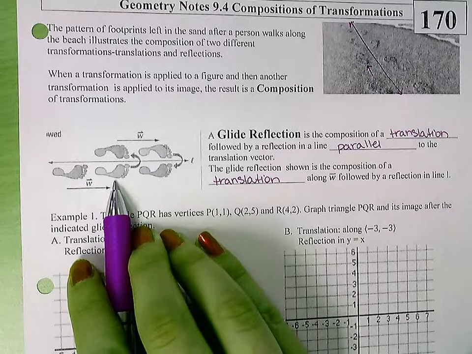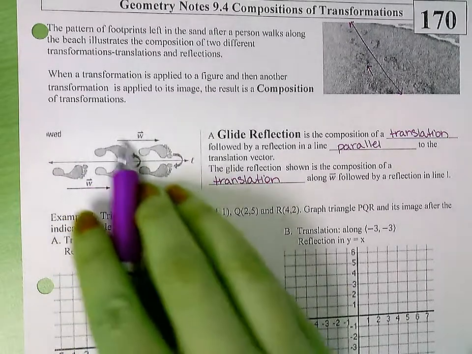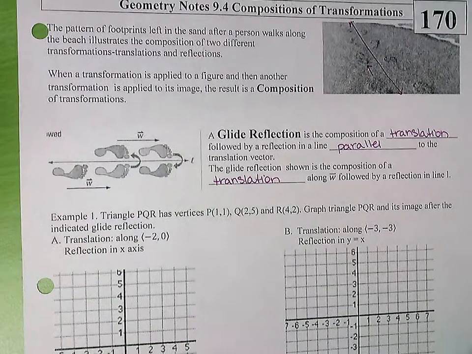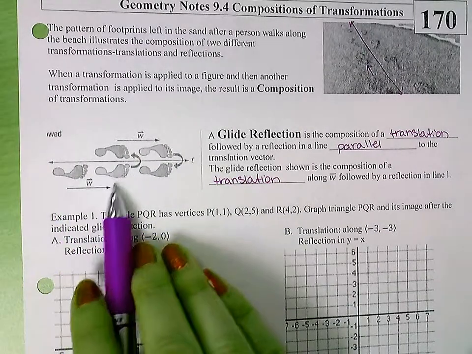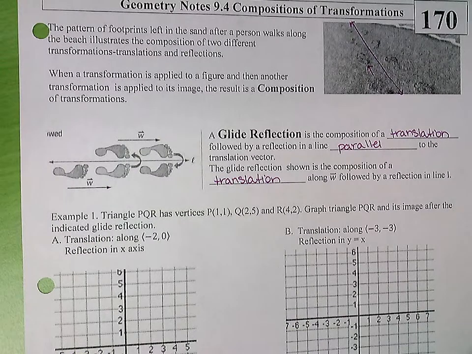That's your first image. Your second image is then this one right here reflected over line L. You have to do one, get the image, and then do the second one to get that next image. Not too bad.